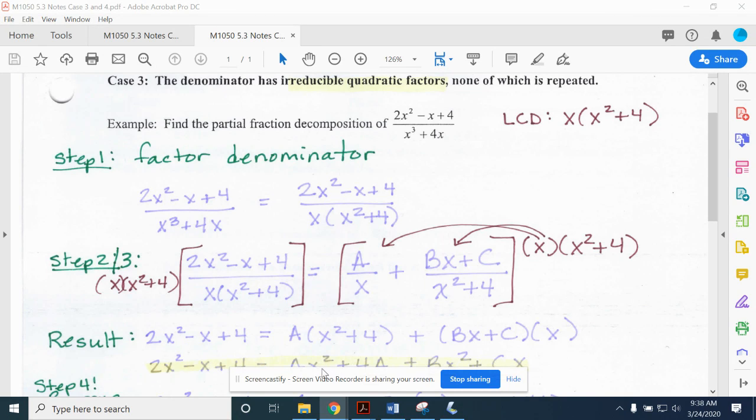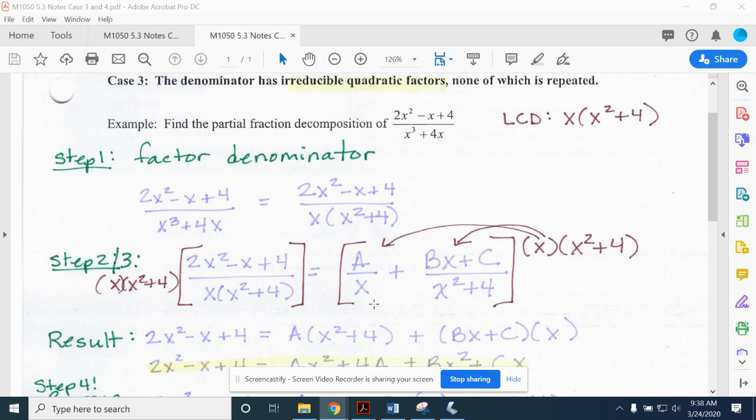Then the next item is to start doing our decomposition, using variables to represent constants. Now the difference here is, as I mentioned before in case 1, that in a polynomial in descending order, whatever the degree of the denominator factor is, the numerator needs to be 1 less than that.